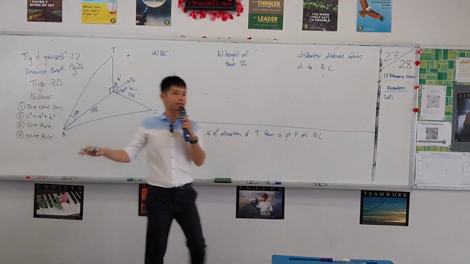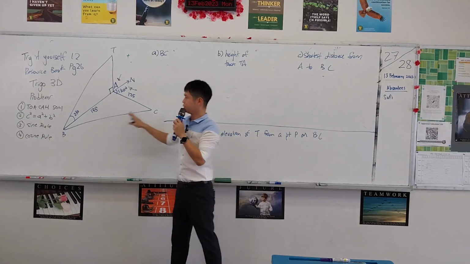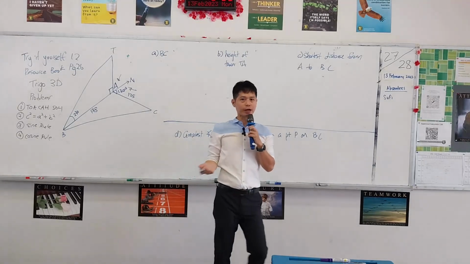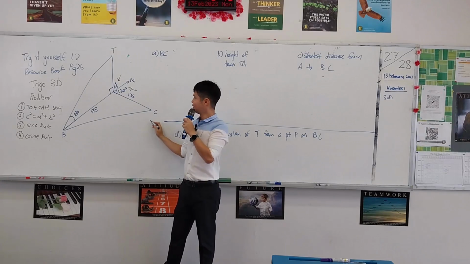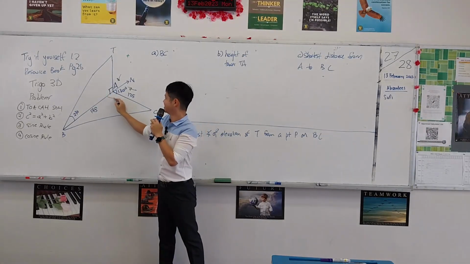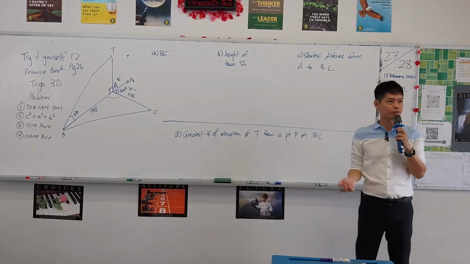So let's look at what four parts they want to ask. Now the first question they want you to find is BC. Which formula are we going to apply? Is it a right angle triangle? Yes. Is BC part of a right angle triangle? Yes. So you are saying this is a right angle? No. Is this a right angle? No. So what is the value of this angle?